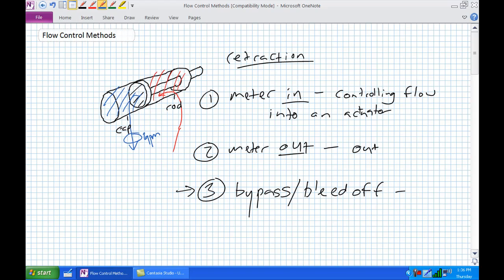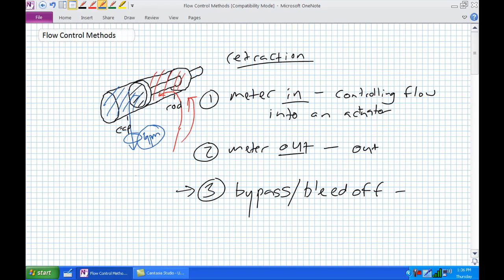Well, the answer is no, because there's fluid in there. Fluid is, for all intents and purposes, an incompressible medium, regardless of how fast it's coming in. There is fluid inside that cap end that's pushing back, and it's draining at a rate of 2 gallons per minute. And it's going to retract at a speed based on a meter out scheme.